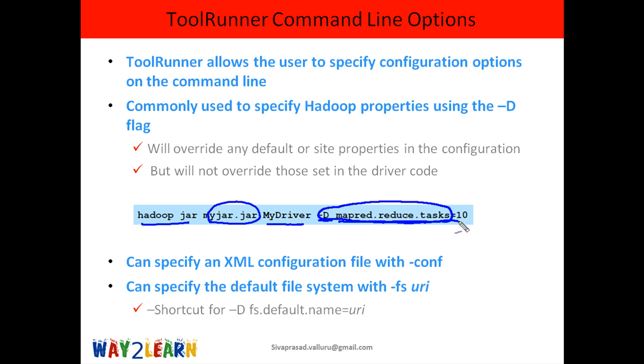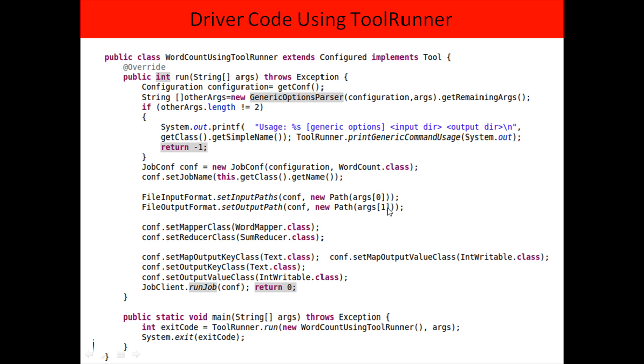This is the way you can pass the number of reduce tasks. Whatever options you pass with -D will be automatically recognized by the ToolRunner, right? In this getConf method, it is creating a configuration object, which will take the command line arguments into consideration, and it will set the number of reducers.